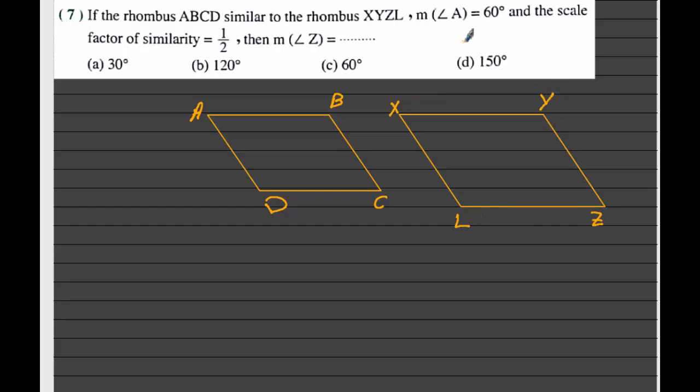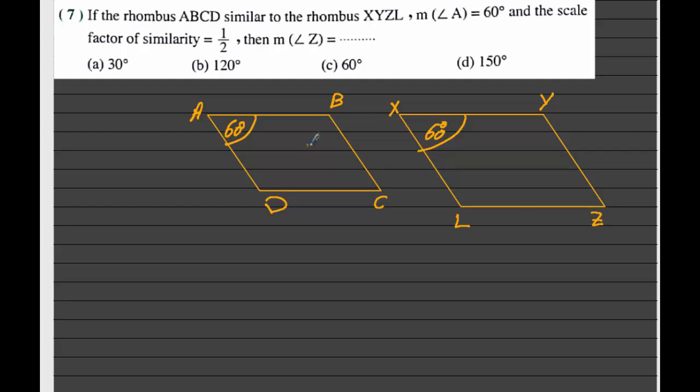The two rhombus are similar, so if measure of angle A equals 60 degrees, so measure of angle X also equals 60 degrees. The scale factor here equals half, and it is related to the length of the sides. So AB over XY equals half, but the corresponding angles are still equal in measure.